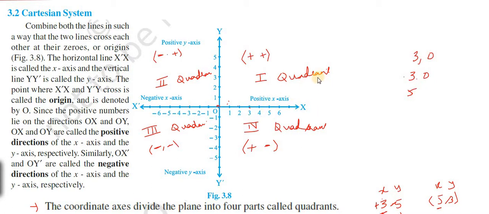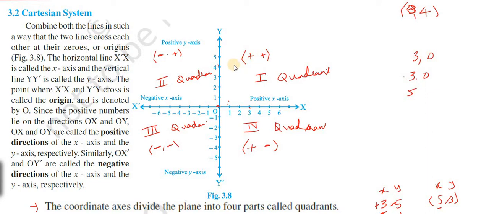In the examination they ask questions like this: (0, 4). In which quadrant does this point lie? So many get confused. With 0 and 4, many will say it is in the first quadrant. That is wrong.